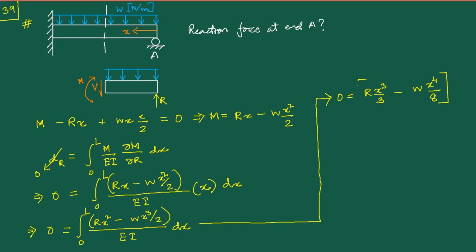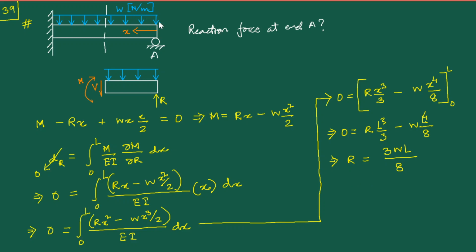This entire thing under the limits 0 to L, and that of course is 0 equal to R L cubed by 3 minus W L to the power 4 by 8. So overall what I have for R is 3WL by 8.